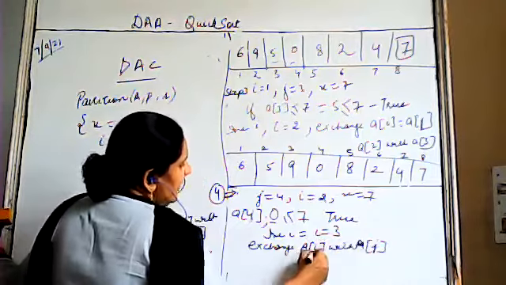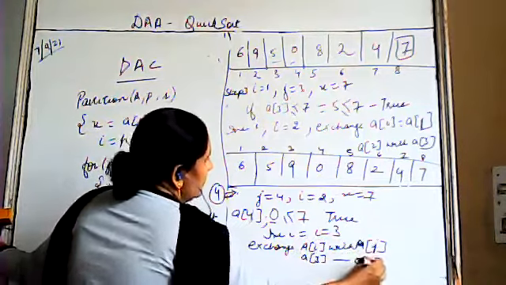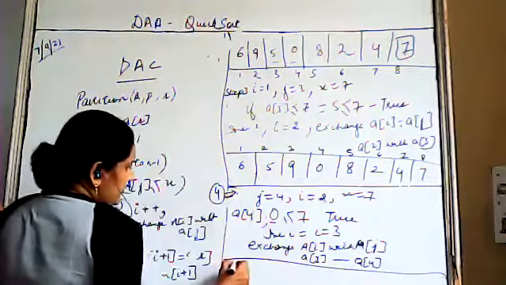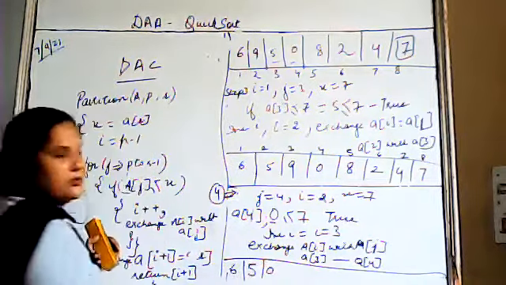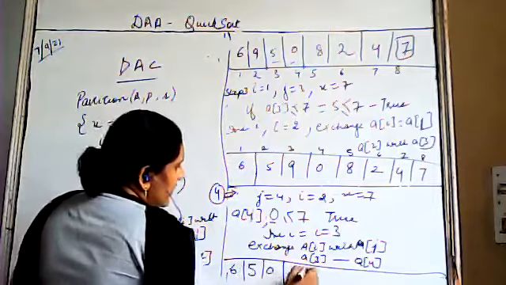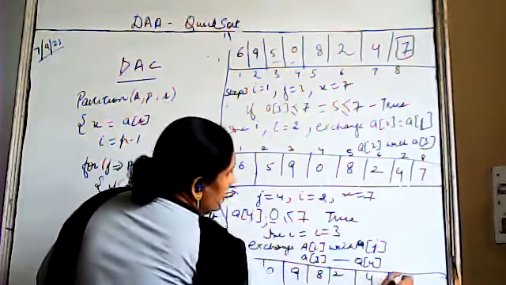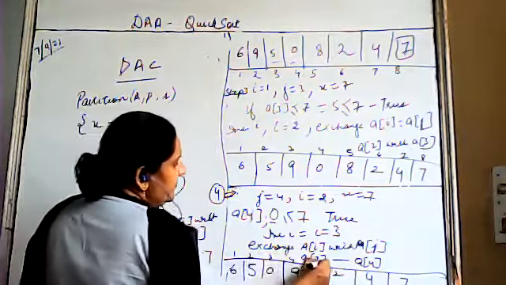That is a3 and a4 will be exchanged. So what will be the output? 6, 5, 0, 9, 8, 2, 4, 7. And the indexes are varying from 1 to 8.